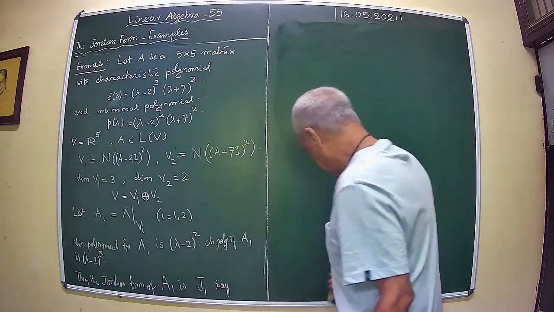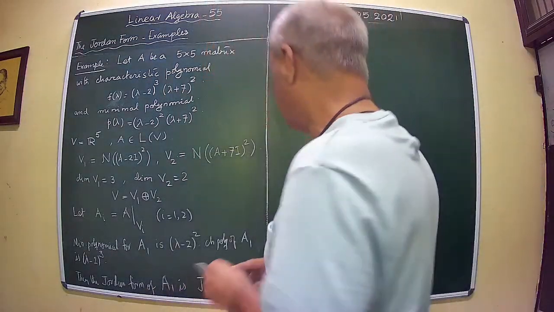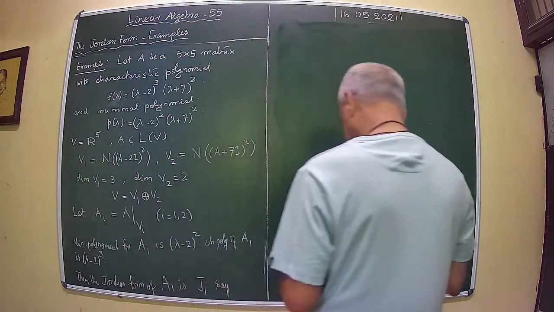the minimal polynomial. Okay. So the Jordan form has the following blocks.